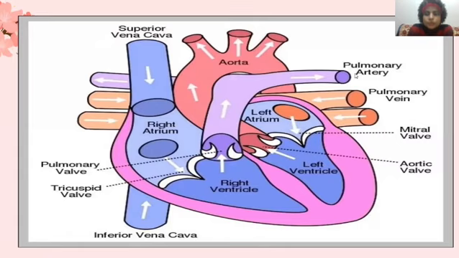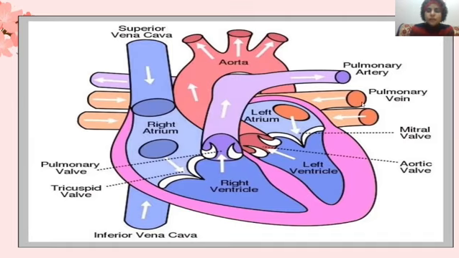And pay attention, the pulmonary artery is the only exception which carries deoxygenated blood to the lungs. All the other arteries carry oxygenated blood. Mark this. And from the lungs, the pulmonary vein brings back the oxygenated blood. Pay attention. The pulmonary vein is the only vein which carries oxygenated blood in the human body.